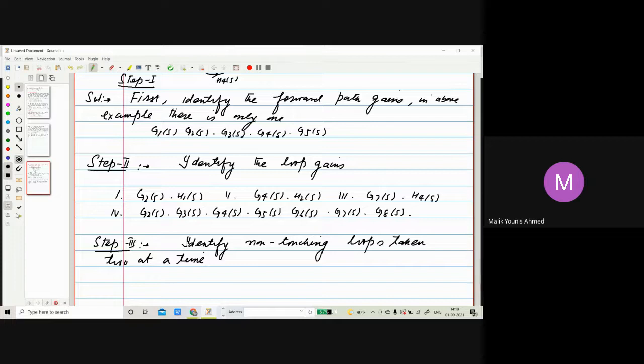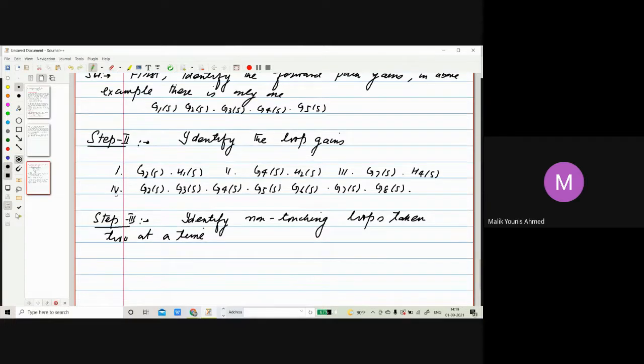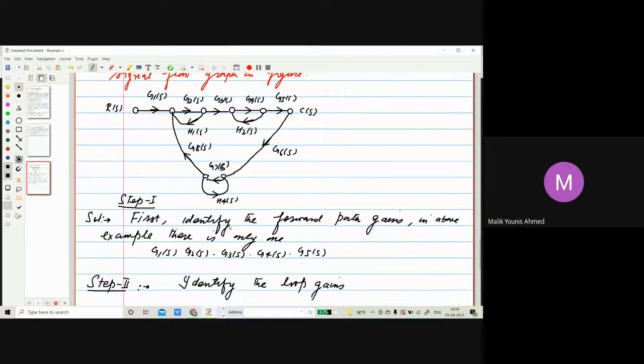Okay. So how many we have? We have named them loop 1, loop 3. How many we have non-touching? Loop 1 is not touching with loop 2. Sorry. 1 is not touching with 2. 1 is not touching with 3. 2 is not touching with 3.